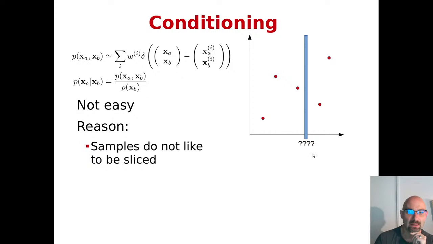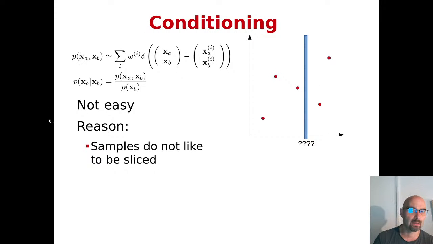Then we have a certain value xb that would slice our space, and we say, okay, now I want the conditional density of p of xa given xb, which is the value I know. Well, this can't be done, because with samples it's tough. You might try some black magic to interpolate things, to go through the continuous, but it's not easy, and then you might do worse.